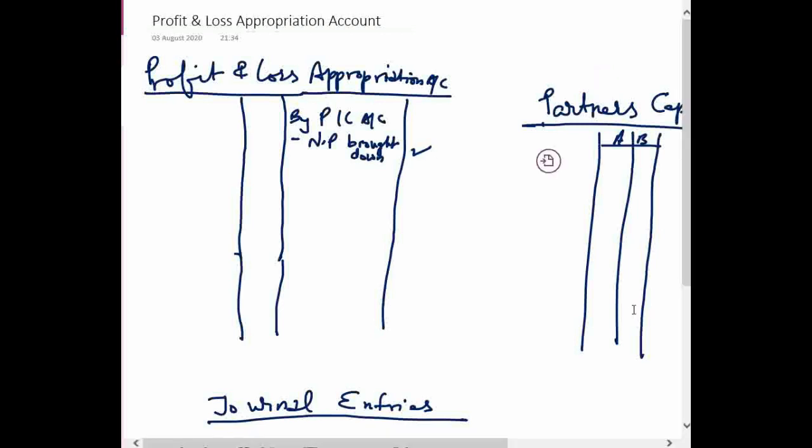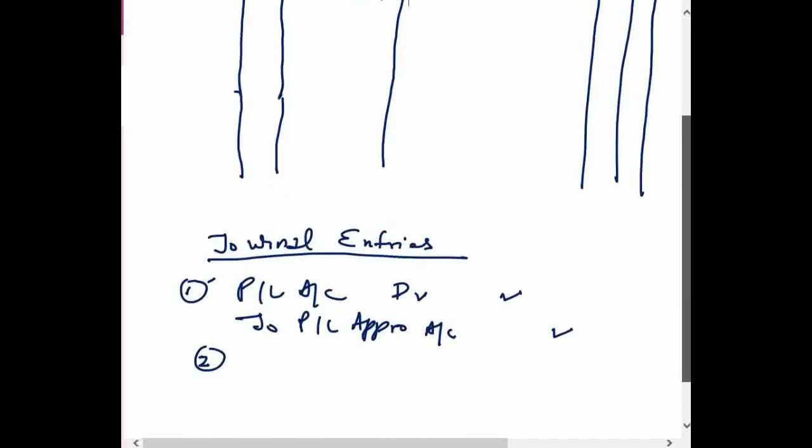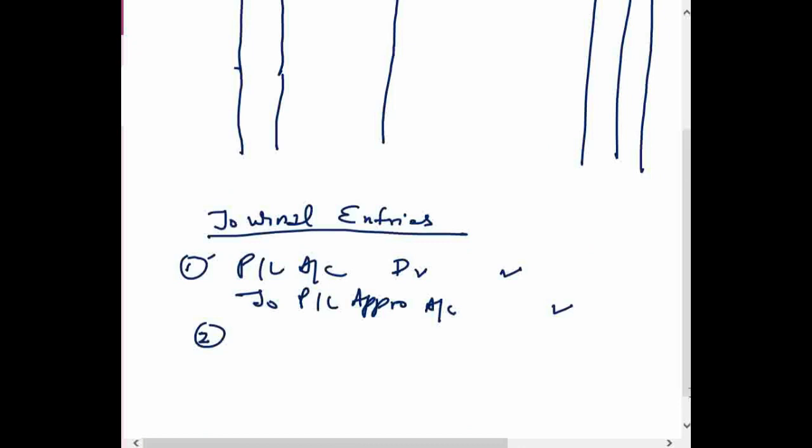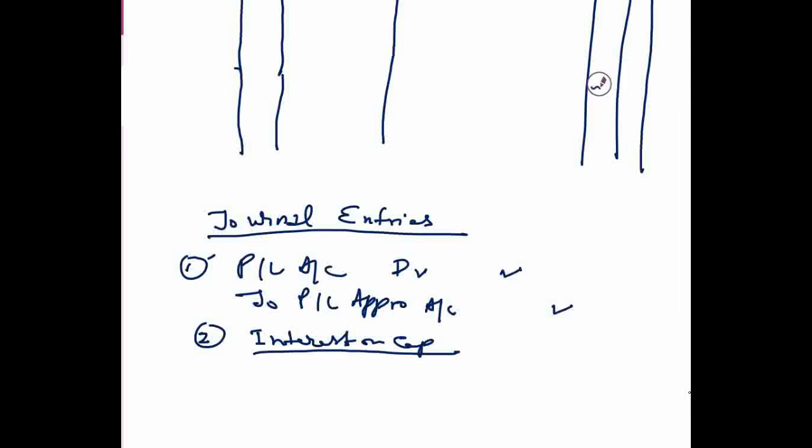The first item normally that gets distributed among the partners is interest on capital. Why is this paid? This is paid to the partner so that a partner who has paid more capital gets compensated for that.